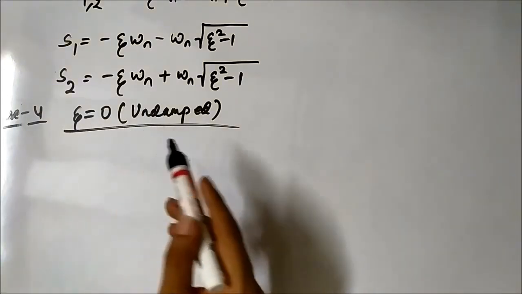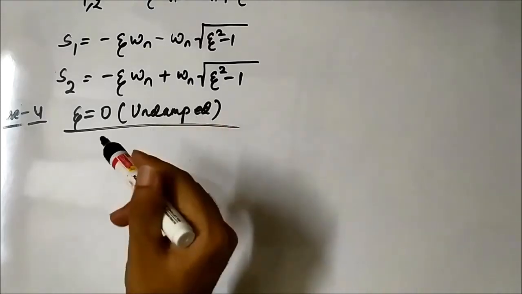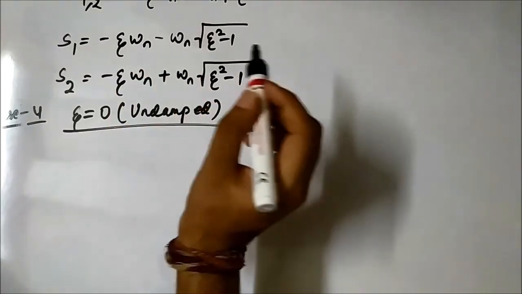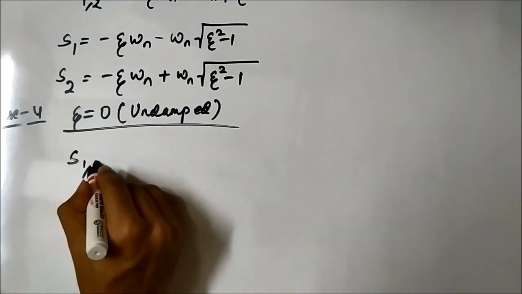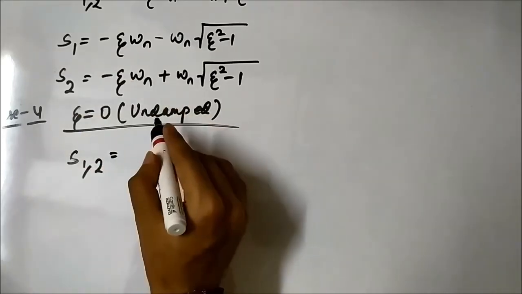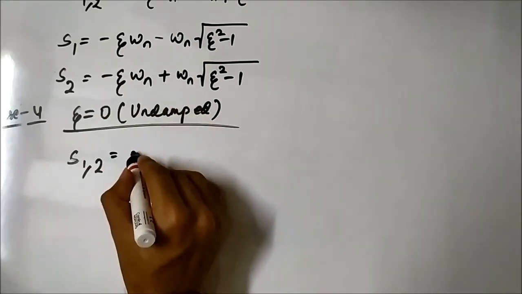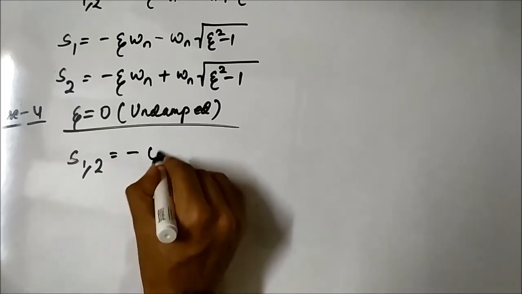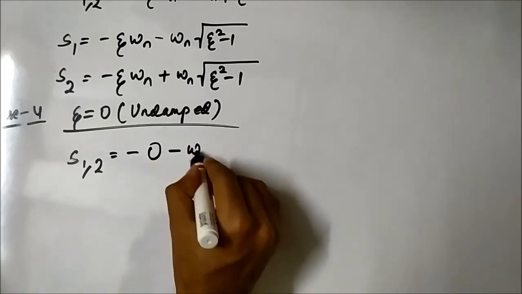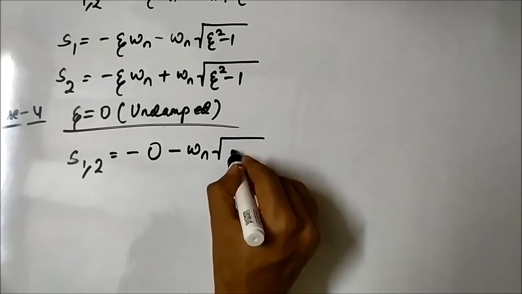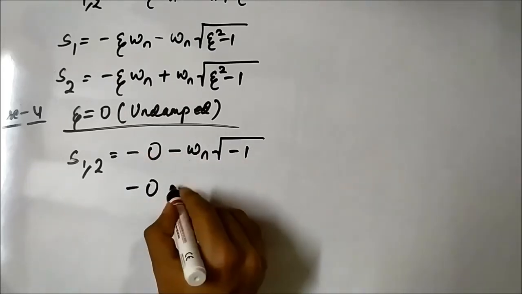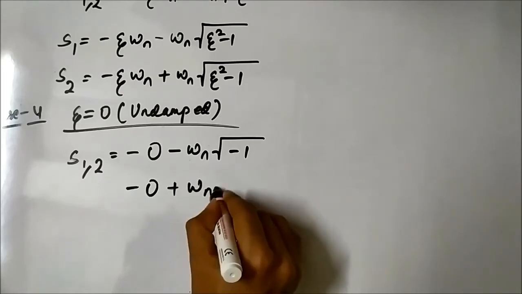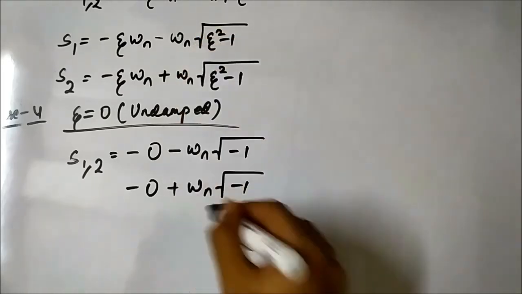When zeta becomes 0, S1 and S2 will be minus 0 minus omega n into root over of minus 1, and minus 0 plus omega n into root over of minus 1, because zeta is 0.